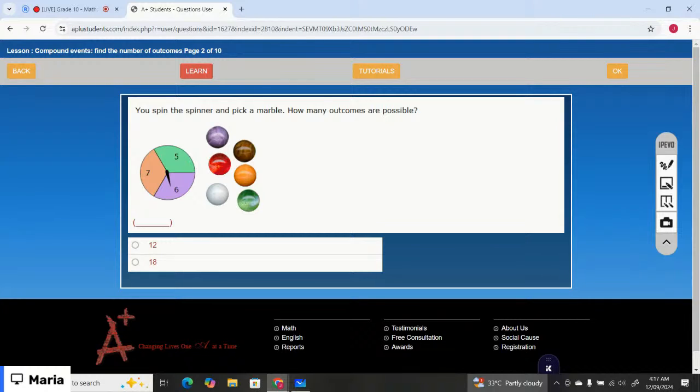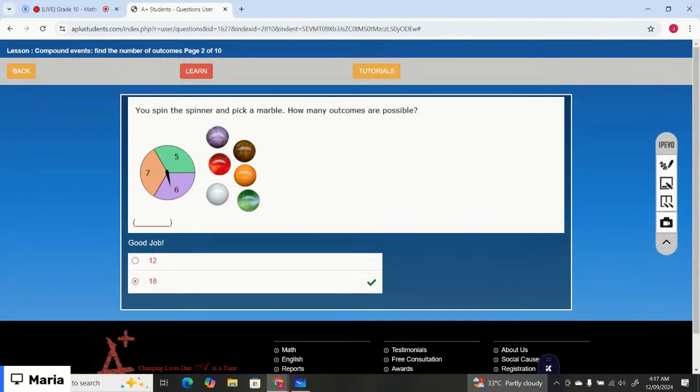So the correct option is 18. The correct option is option number 2. The total outcomes are 18 in this case, right?